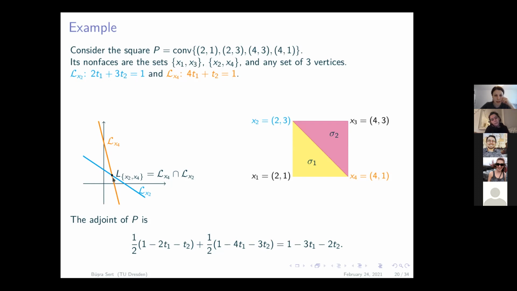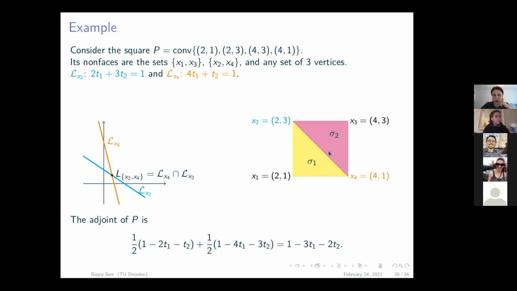And their intersection is this linear space coming from this non-face arrangement. Now, using this expression of the adjoint, which we said was written by considering the triangulation, we fix this triangulation.